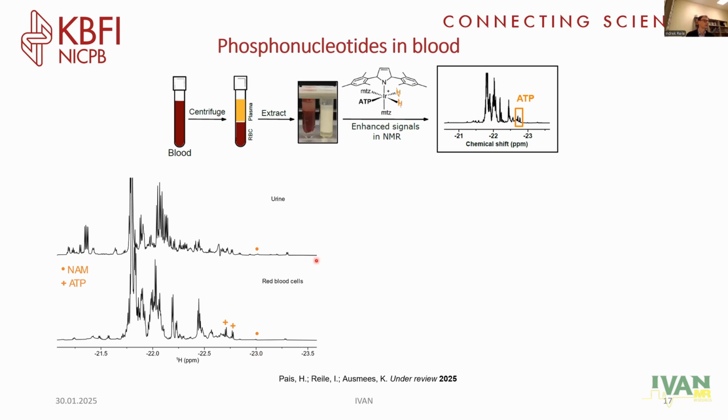If we do this experiment now with the cellular fraction of blood, we can compare how the hyperpolarized hydride spectrum looks for urine and blood, and we can already on 1D hyperpolarized spectra see the signals for ATP here. This is the nicotinamide that is in pretty much everything living. So we always use this for normalization and referencing.